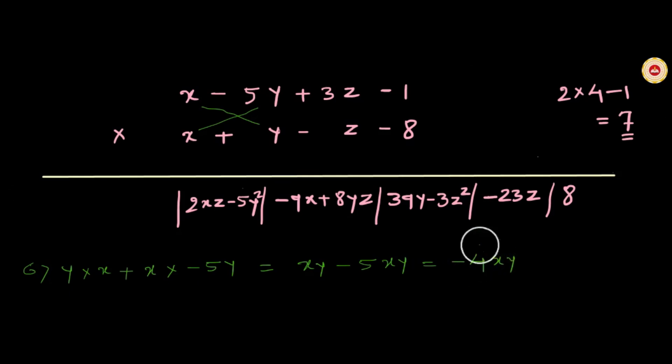So minus 4xy is the answer of sixth step. Give a slash.